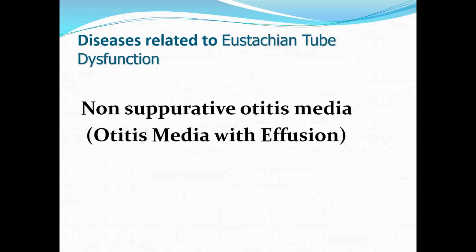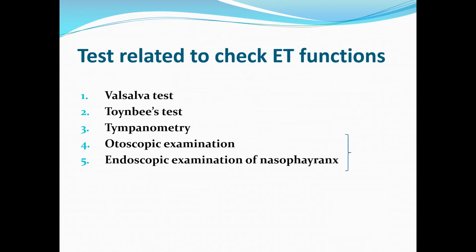Again, the non-suppurative collection can be serous or mucoid. There are certain tests by which we can check eustachian tube patency. Valsalva test, Toynbee test, and tympanometry are the investigations. Through otoscopic examination, we visualize the tympanic membrane, and by the condition of the tympanic membrane, we can see whether the eustachian tube is blocked or patent.